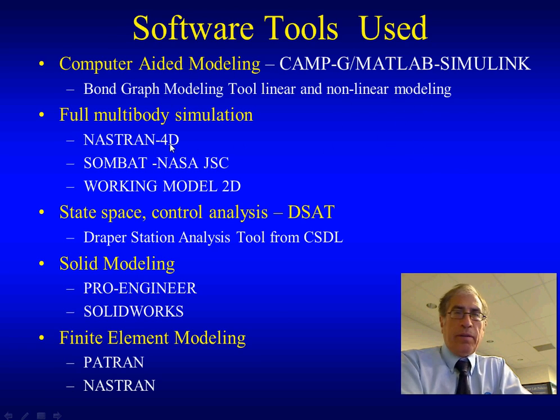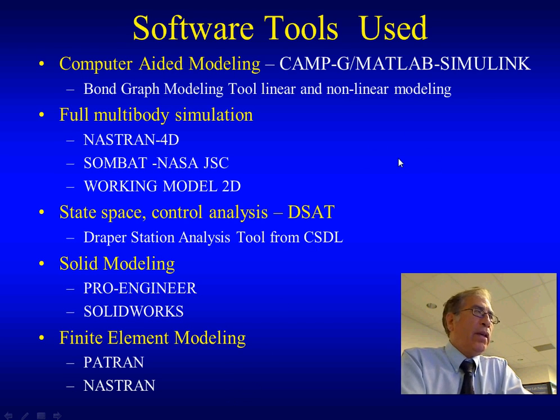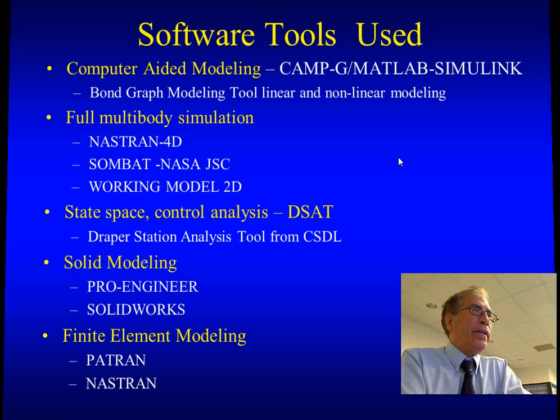We use Nastran 4D. NASA has their own software, and Working Model 2D. We use DSAT for the controls, and a combination of SolidWorks or ProEngineer with Patran and Nastran and SimWise 4D, which are for dynamic analysis.